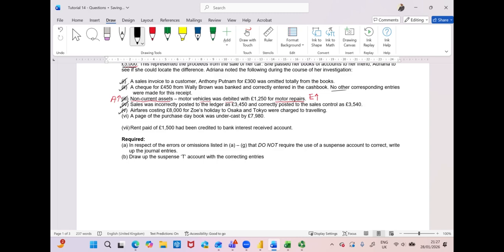If there is an error in the purchase day book, the purchase ledger control account will be affected and the purchase account will be affected. That means if one of the invoices or one of the pages were missing in the purchase day book, that will affect my purchases account and purchase ledger control account. So let's update them.